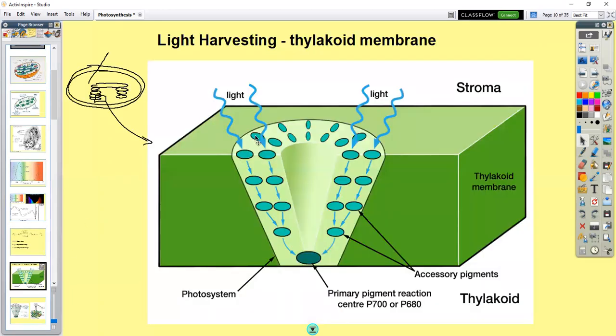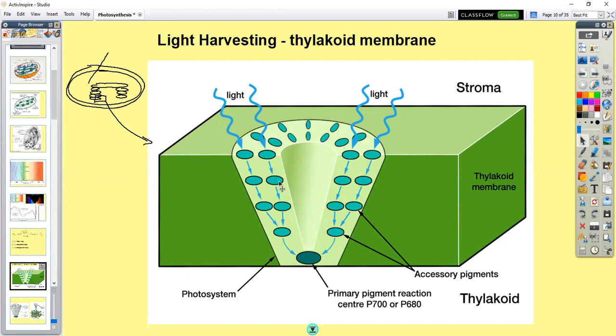So if we look at light harvesting first, this happens on the thylakoid membrane. Okay, so the membrane of those thylakoids. So within the membrane, you have what are called photosystems. Okay, and these photosystems are often referred to as funnel type systems, which have what are called accessory pigments, or different types of pigments which absorb light. They pass that energy on by resonance transfer, so they get excited slightly, that they absorb the energy, causes them to move around or vibrate, and then they pass that energy on by resonance transfer.